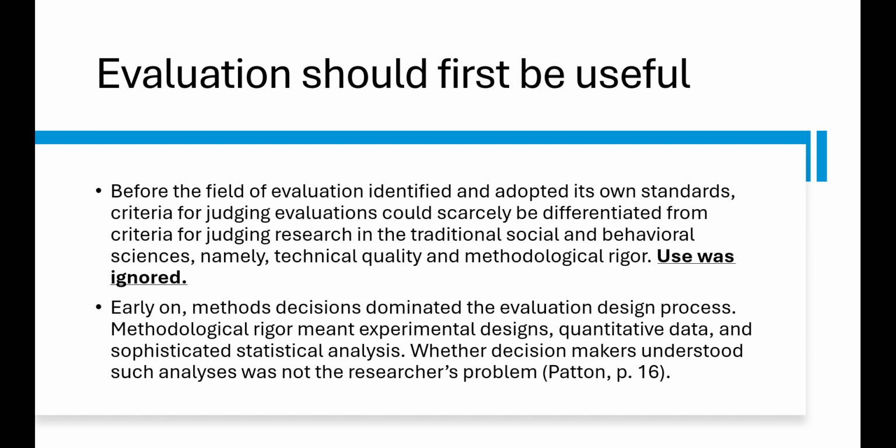And Patton says evaluation should first be useful. Before the field of evaluation identified and adopted its own standards, criteria for judging evaluations could scarcely be differentiated from criteria for judging research in the traditional social and behavioral sciences, namely technical quality and methodological rigor. In other words, use was ignored.